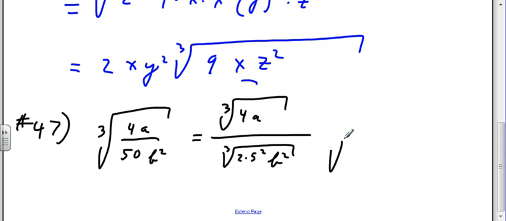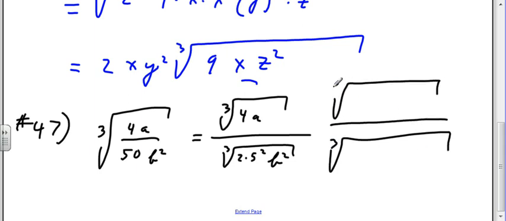And we want to rationalize the denominator. So this is going to be multiplied by the cube root of what? Well, I have 1, 2, so I'm going to need 2 more. I have 2, 5, so I'm going to need 1 more. And I've got a b squared, I'm going to need another b. 4 times 5 times b.